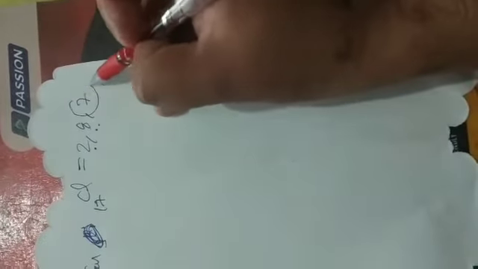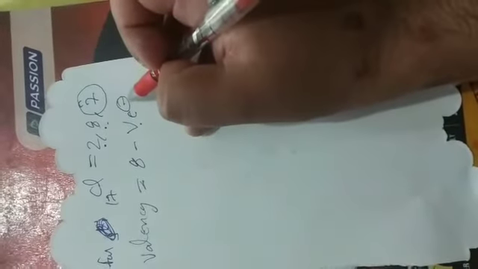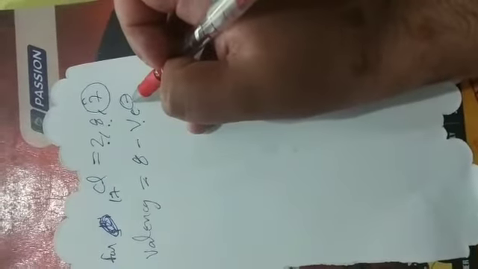So the valency, because it has 7 valence electrons, the second formula is applicable, I mean valency is equal to 8 minus valence electron. So 8 minus 7 is equal to 1. So the valency of Cl17 is equal to 1.